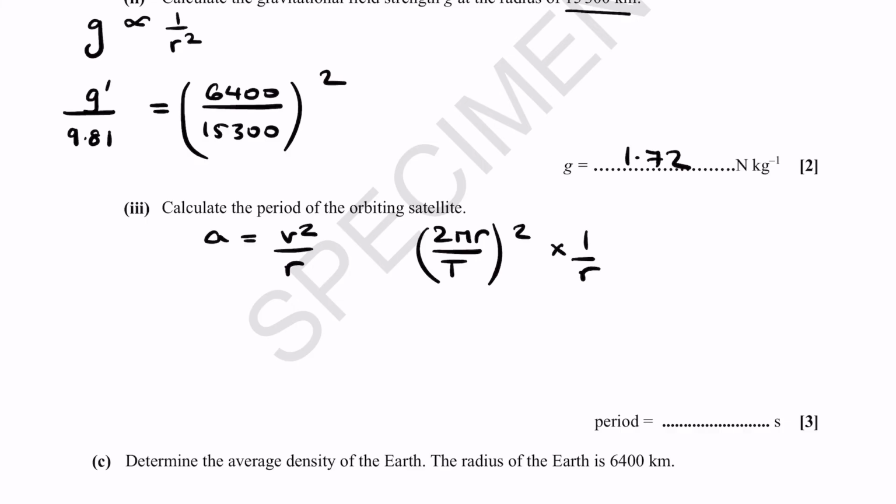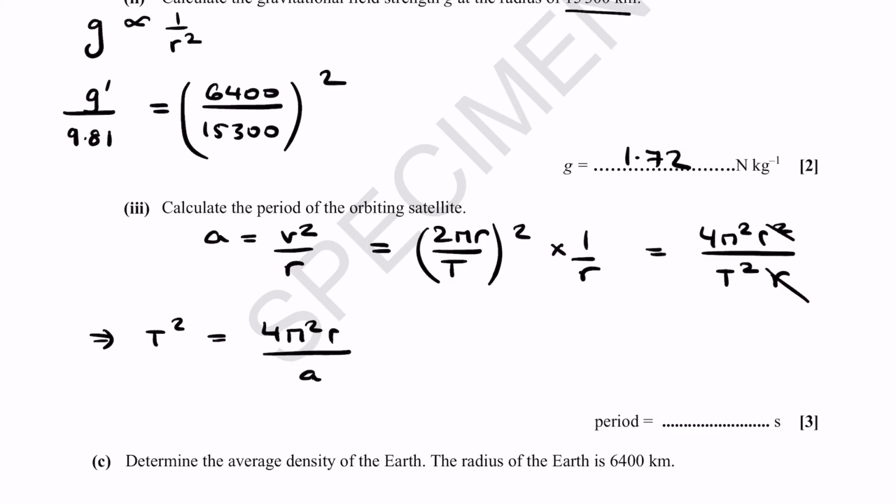So if I cancel things out, this is 4 pi squared r squared over T squared r, and then T squared is equal to 4 pi squared r over a, and then square root it in the end.